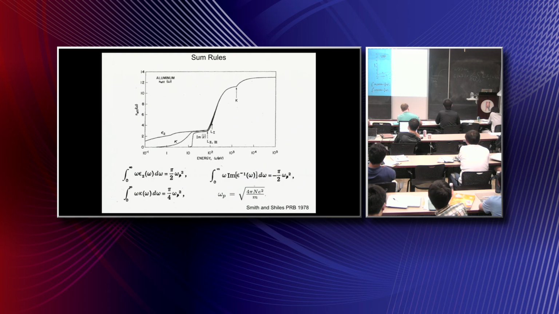And I've been able to do this because I'm talking about omega so much, much bigger than omega c that the omega prime in the numerator over here just drops away. Okay?